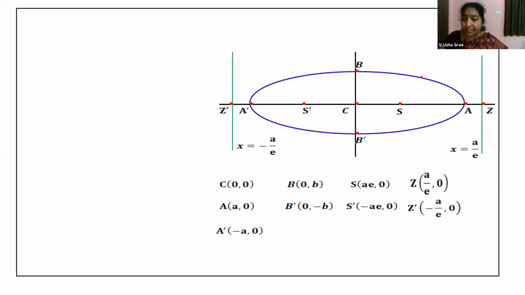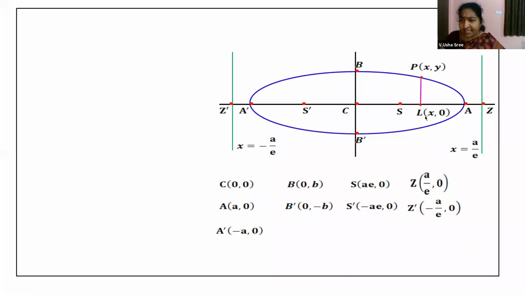We'll take a point P on the ellipse whose coordinates are (x, y). Then we'll take a point L on the x-axis, whose coordinates will be (x, 0), because it is on the x-axis, so the y coordinate will be 0.